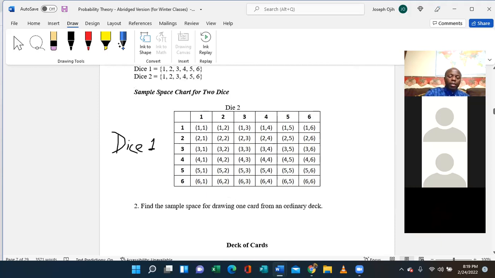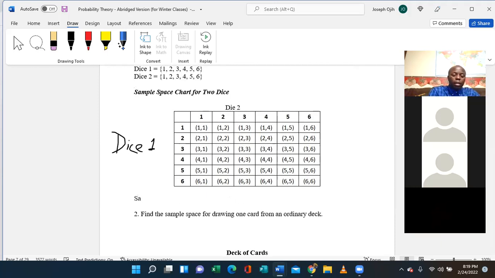So the sample space equals 36 possible outcomes.